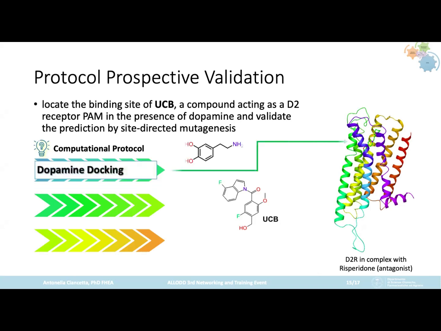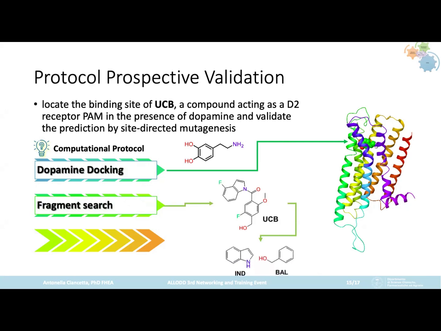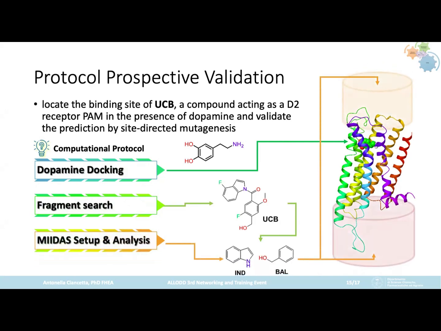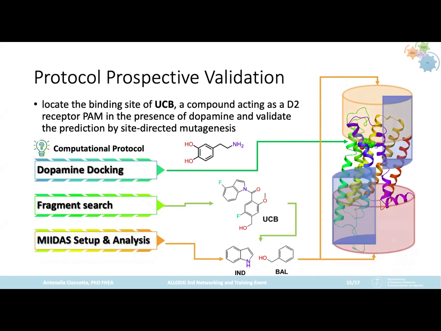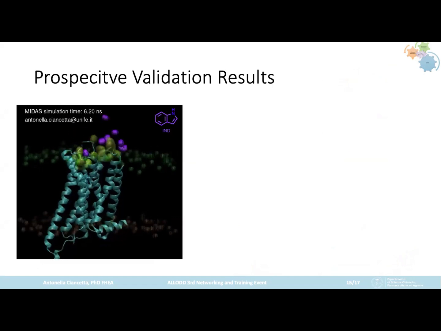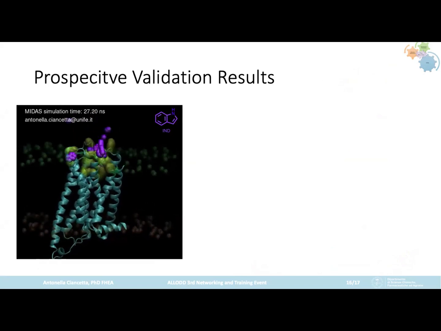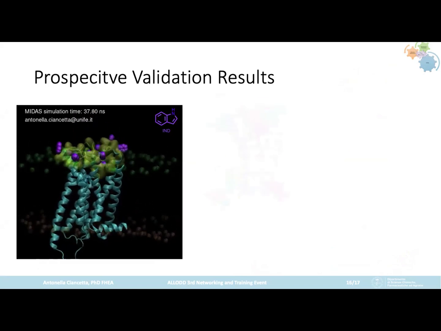So we docked dopamine in the orthosteric binding site, double checked that the docking pose was in agreement with known experimental SAR data, derived the fragments from the non-allosteric modulator, and set up and ran all the possible simulations with all the cylinders and all the possible placements. And this is just one of the simulations with the extracellular cylinder and the indole probe.